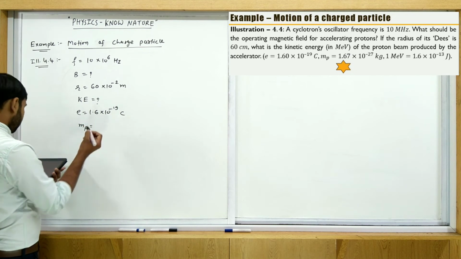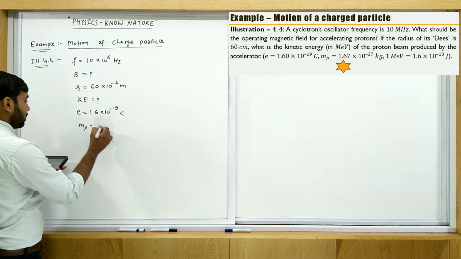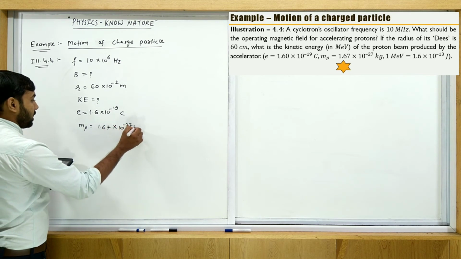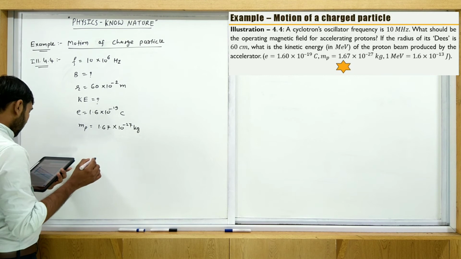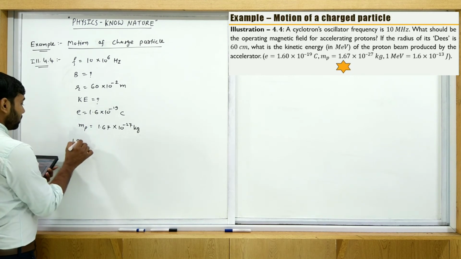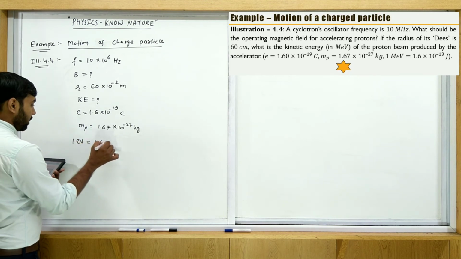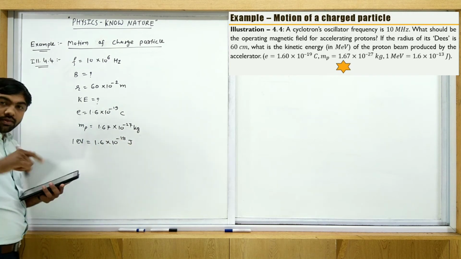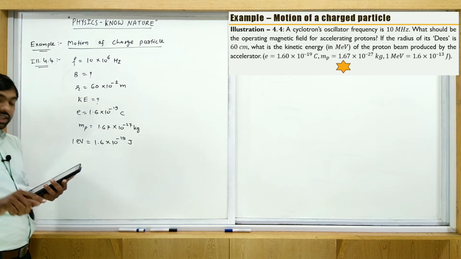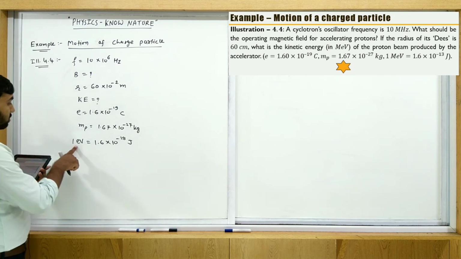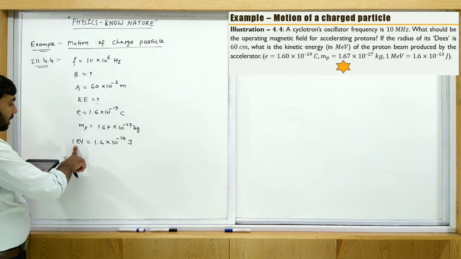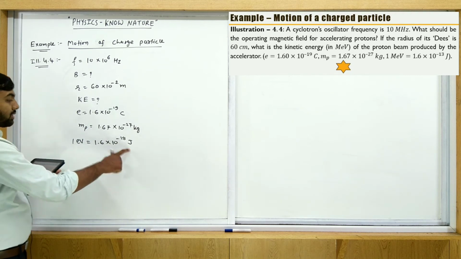Mass of proton is 1.67 into 10 raised to minus 27 kg, and 1 eV is equal to 1.6 into 10 raised to minus 19 joule. 1 MeV is 1.6 into 10 raised to minus 13, since mega means 10 raised to 6. So 1 MeV is equal to 1.6 into 10 raised to minus 13 joule.